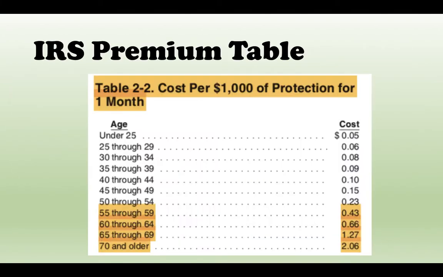So anyway, I want to point out that if you are still working at the company, the higher your income, the higher your marginal tax rate, and the more you're going to pay on this life insurance.